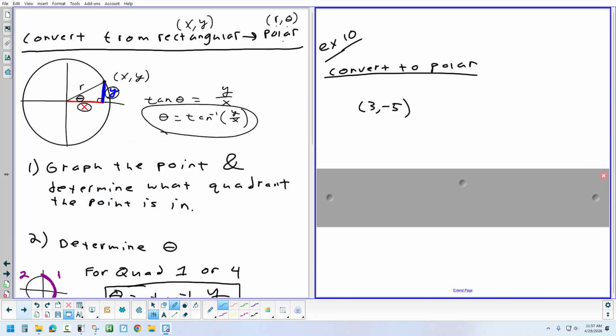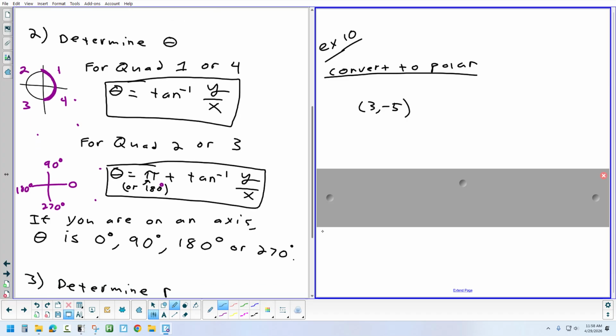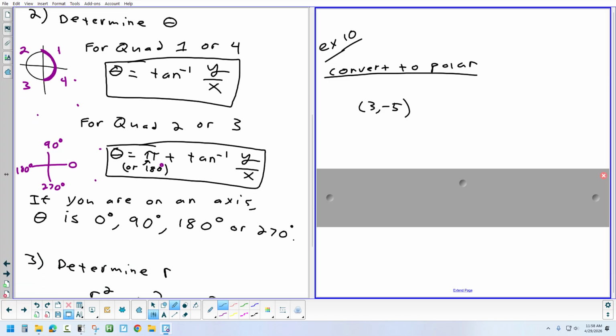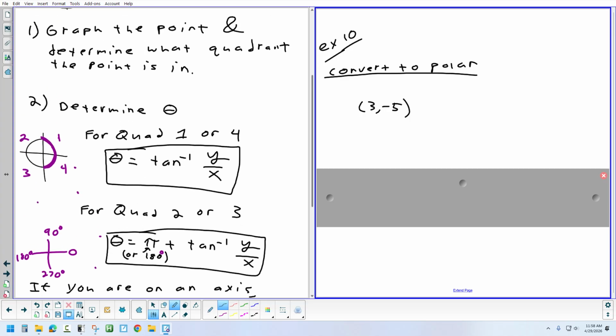So let's try one converting from rectangular to polar. And I'll leave this up so you can look at it. Okay, 3, -5. First step, what quadrant is 3, -5? It's in quadrant 4, somewhere right around there. I'm not looking for an exact sketch, I just need to know the quadrant.